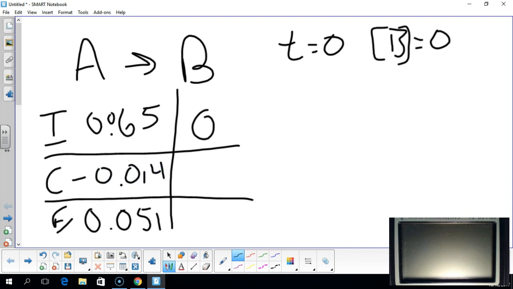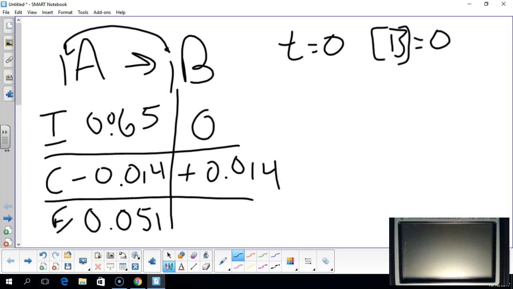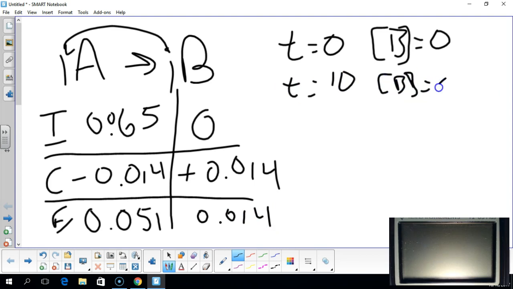Stoichiometry says it's a 1-to-1 ratio, so B is plus 0.014. And so at t equals 10 minutes, the amount of B is equal to 0.014.